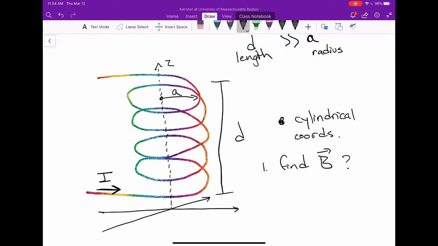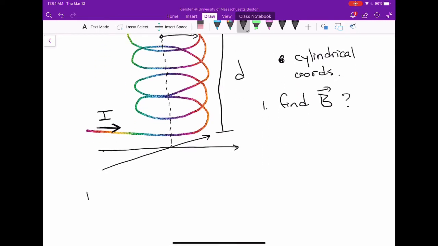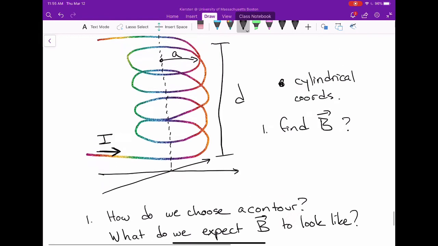How do we do this? Well, we use Ampere's law. The first step to using Ampere's law is how do we choose a contour? What do we expect the magnetic field to look like? Let's look at the picture again.